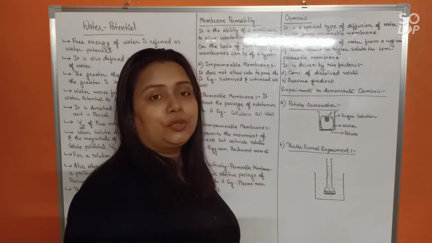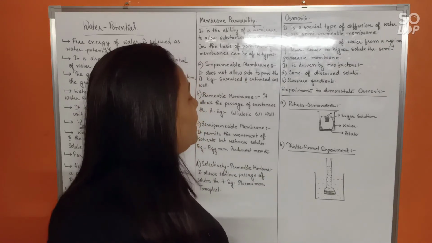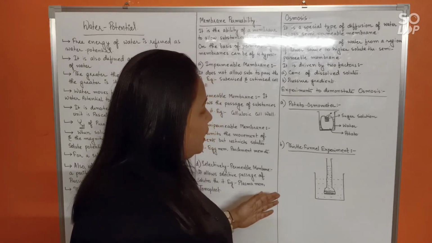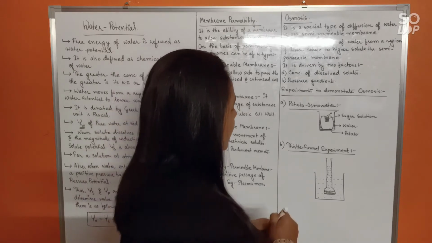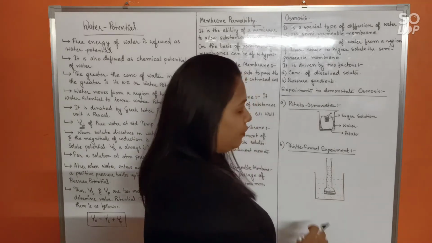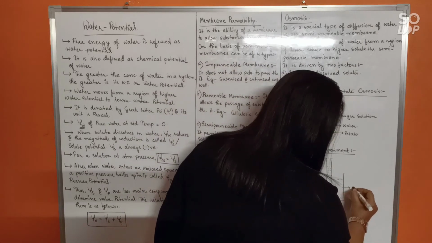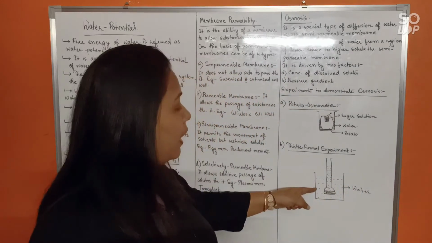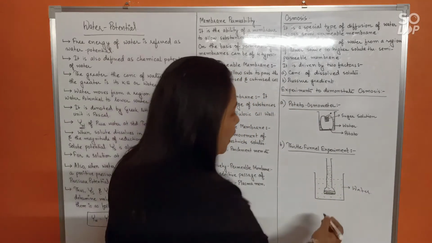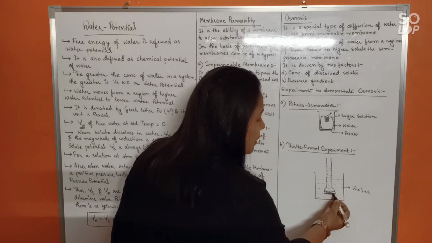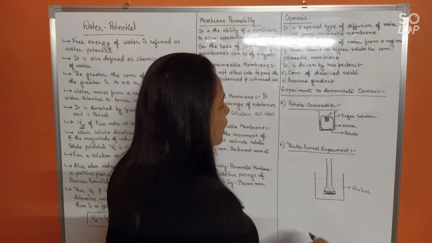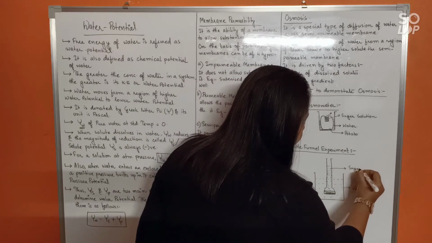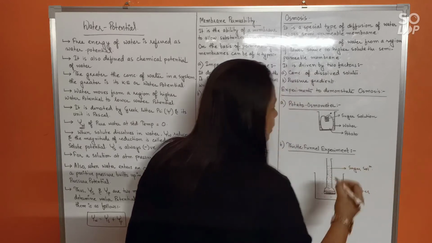Now let us move on to another important experiment called the thistle funnel experiment. Alright. See, in the thistle funnel experiment also, we take a clean glass jar, fill it up with water. So this is water, and in the water we introduce an inverted funnel. Okay, we cover the mouth of the funnel with a semi-permeable membrane and then fill up sugar solution inside the funnel.